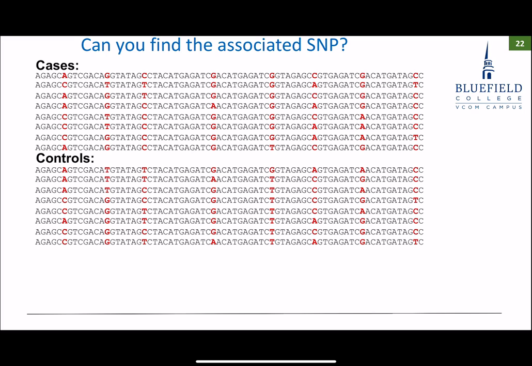So let's say that we have 500 individuals, 500 rows within cases and 500 controls for comparison, not just whatever the number is less than 10. We're talking about hundreds per group, right?